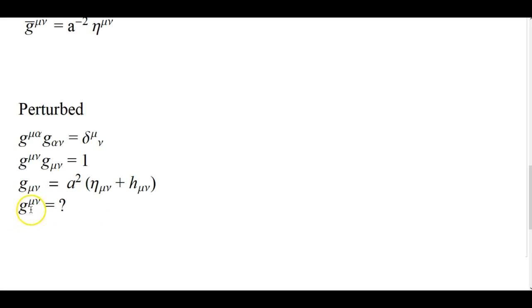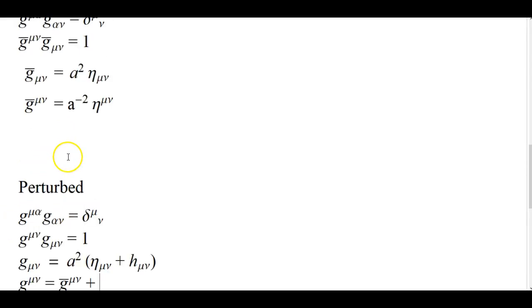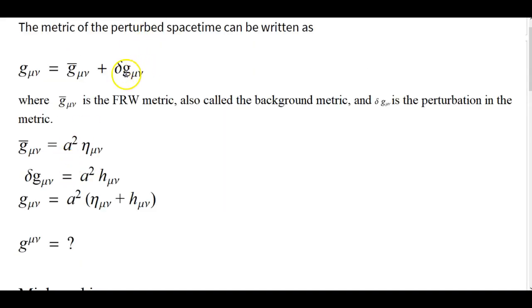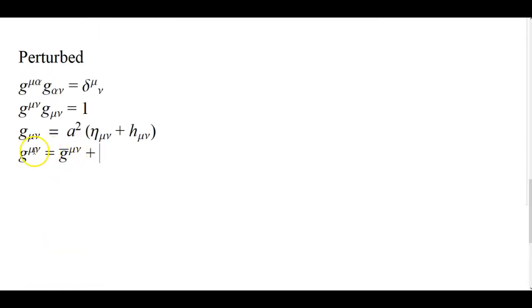The inverse of G mu nu, we can write as G bar plus delta of this.